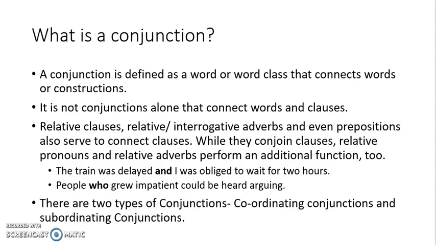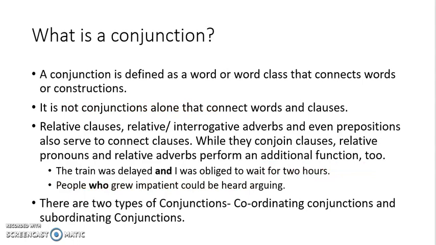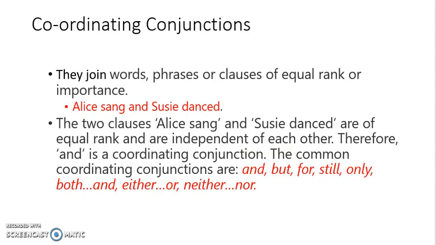And when you talk about the real conjunctions, there are two types: coordinating conjunctions and subordinating conjunctions. So what do you mean by a coordinating conjunction? Coordinating conjunctions are used to join words, phrases or clauses of equal rank or importance.